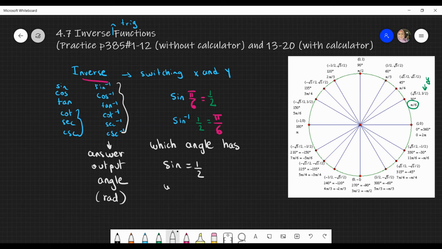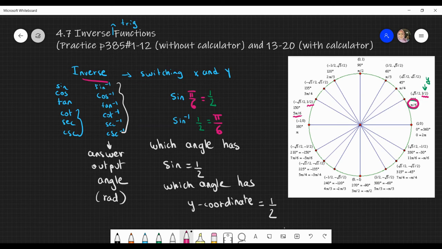In other words, which angle has y coordinate equals half? So I go on the unit circle and I know that sine is the y coordinate, and I look at all the y coordinates and I find two of them. And I look at the angle, I'd say, oh, pi over 6 has a y coordinate equals half. 5 pi over 6 also has a y coordinate equal half.